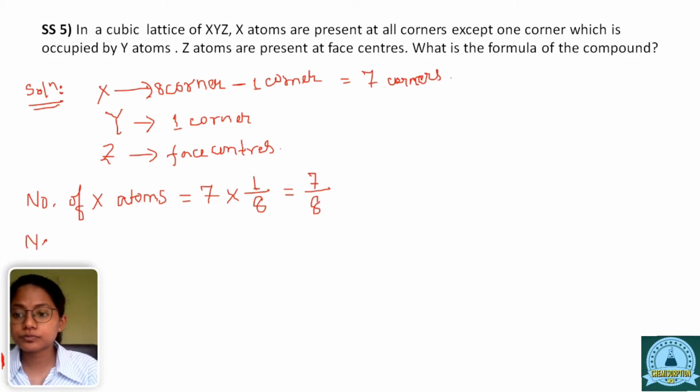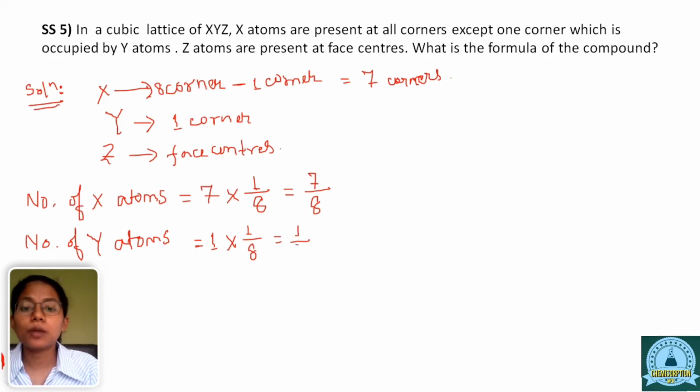Similarly, the number of Y atoms: one corner occupied by the Y atom into the contribution from one corner, which is 1 by 8 again, so it would be 1 by 8. Then for Z, the number of Z atoms is equal to, there are a total of 6 faces, right?